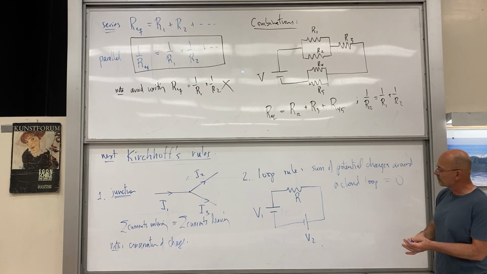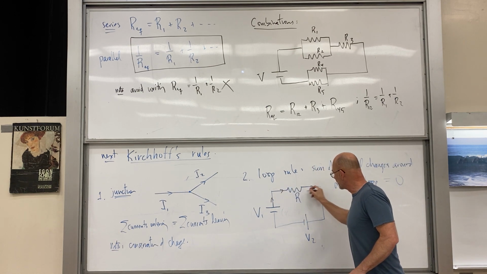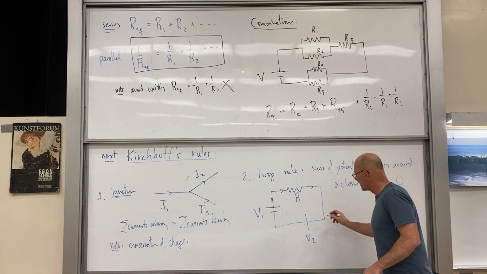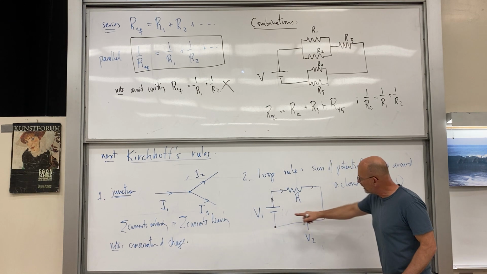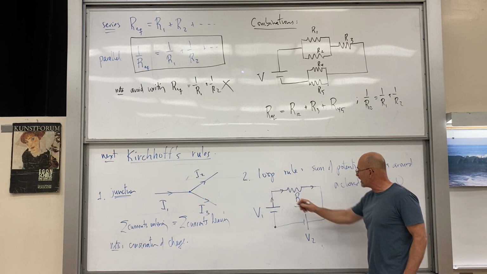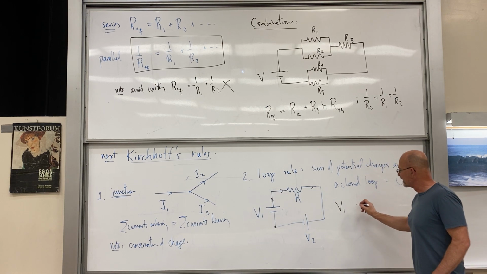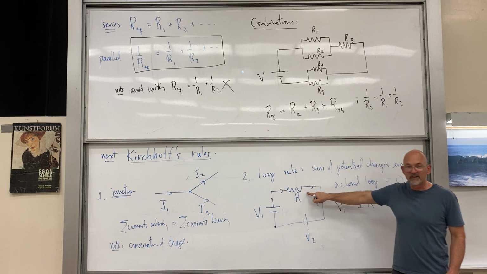So in the example we have right here, we're going to choose our arrows clockwise for our current, and we'll start right here, and we'll end right here. Crossing this battery, we go from negative to positive, so we have V sub 1 positive, then minus IR as we go across the resistor.